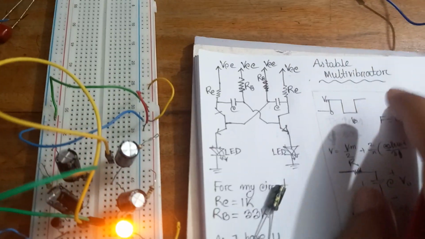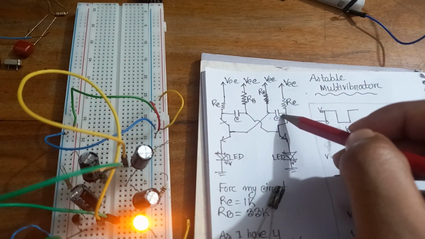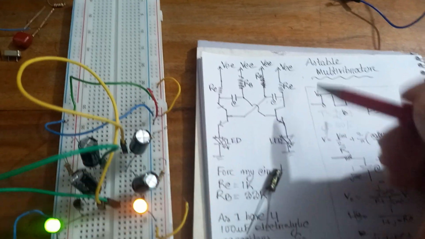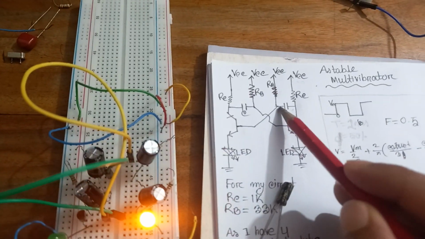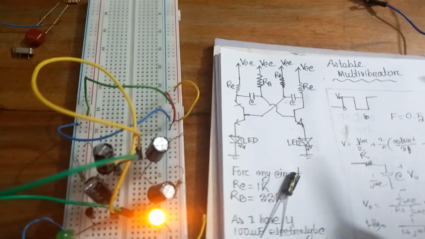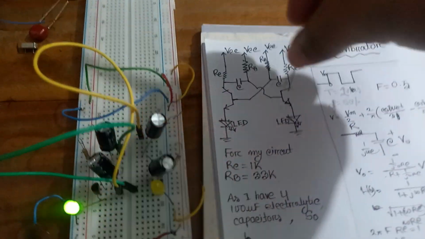But here in my circuit, sometimes this leg is positive and sometimes this leg is positive. So I face some problem, but I can change it manually, sometimes like this and sometimes like this.